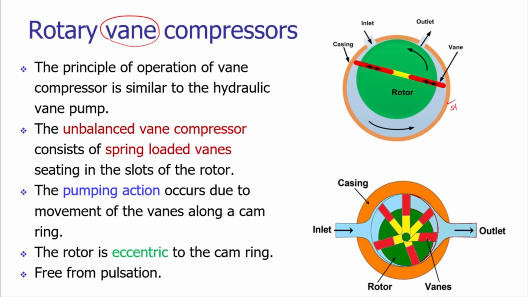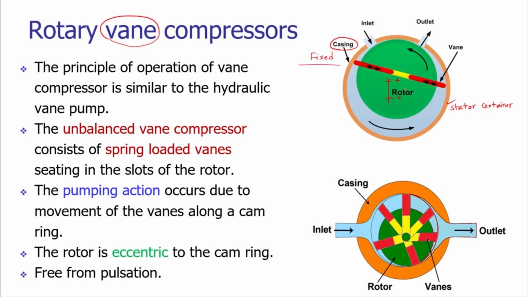So this is the stator container. There is eccentricity between the axis of the rotor and the axis of the stator or the casing. The casing is fixed, it is not moving, it is stationary.